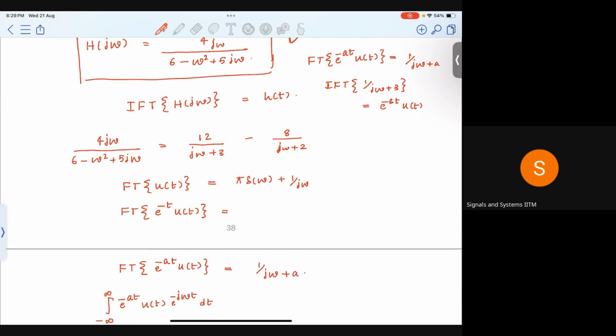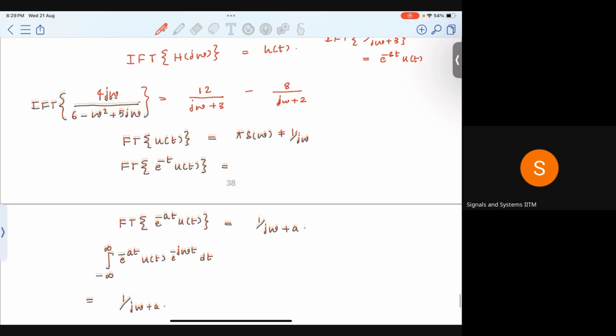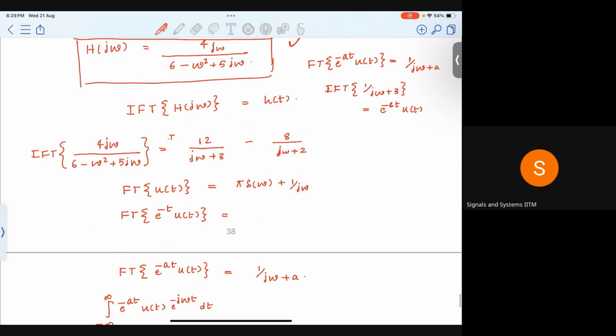When you take the IFT of this whole thing, try to break it down into two parts. Inverse Fourier transform is linear. So this is just 12 times IFT of this whole thing minus 8 times IFT of 1 by j omega plus 2, because inverse Fourier transform is linear.